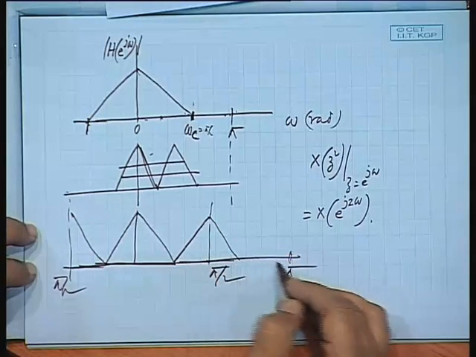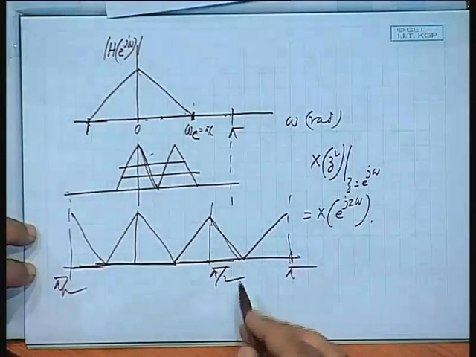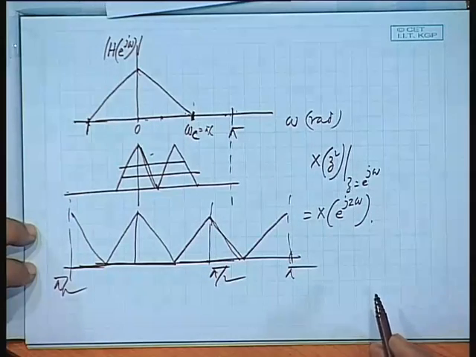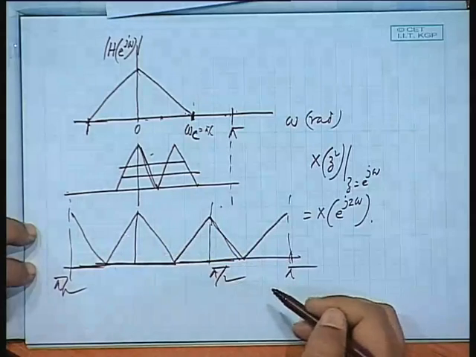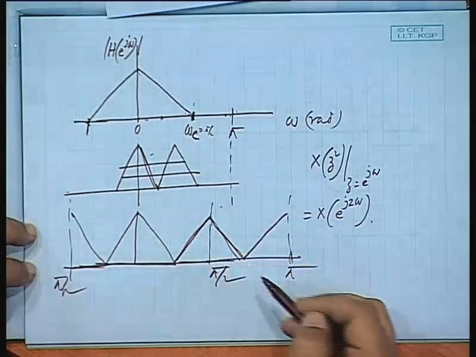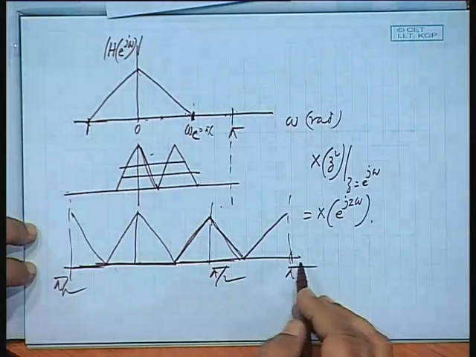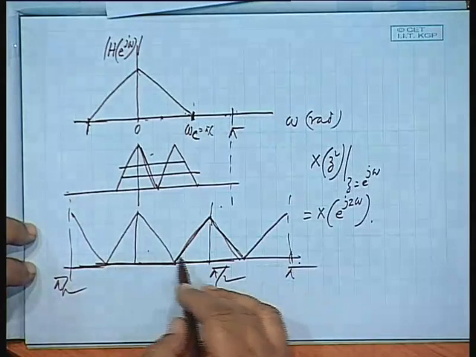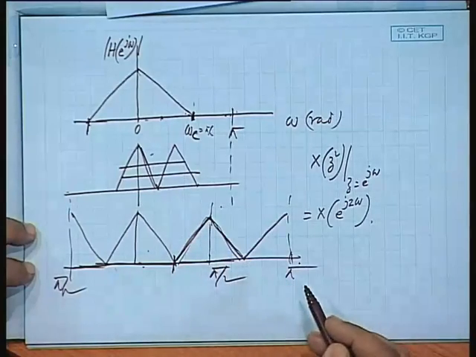So, till pi, things will start appearing like this. Now, this is the original one, and this is a false image. That means at a frequency within pi, but higher than this frequency, you will have another false contour.